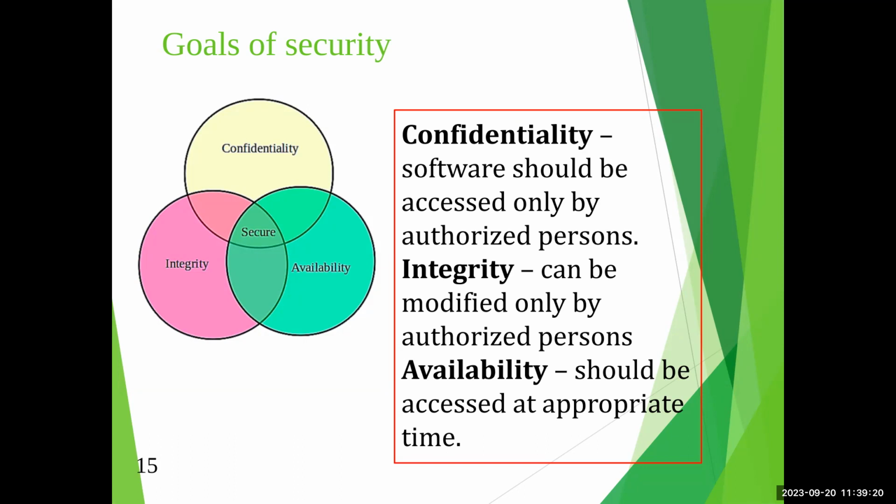Integrity: can be modified only by authorized persons. Availability: should be accessible at the appropriate time. Appropriate times means, for example, suppose a company is closed on Sundays, so this system should not be available on Sundays.